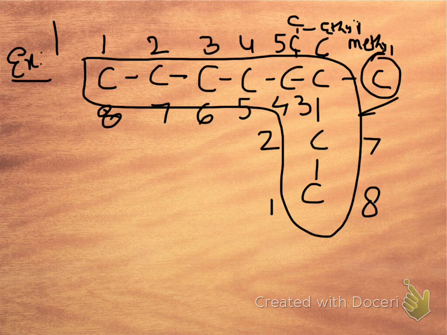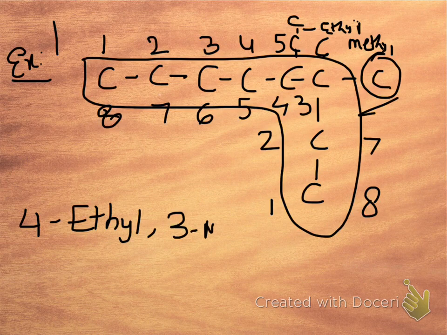The substituents are at 4 and at 3, so first you should write 4-ethyl, 3-methyl. Secondary and primary prefixes.